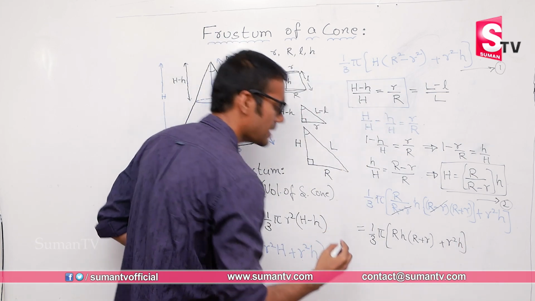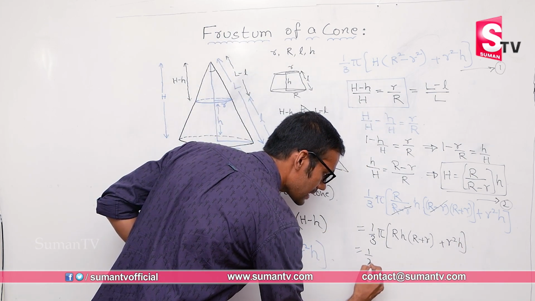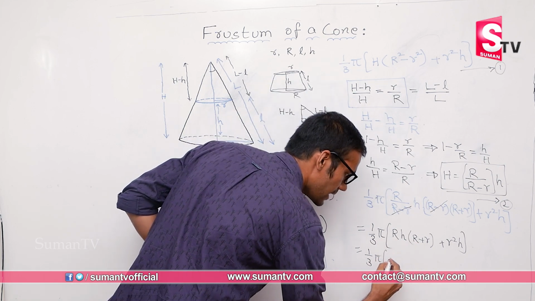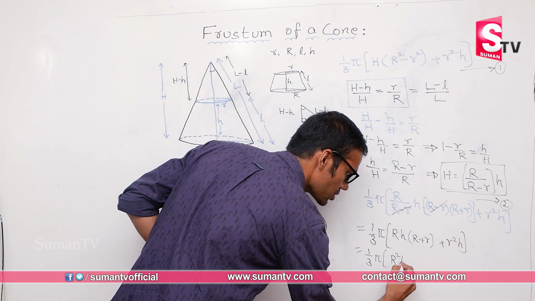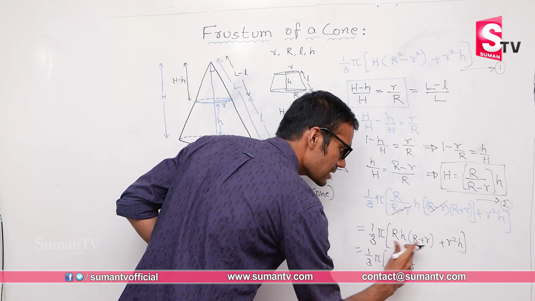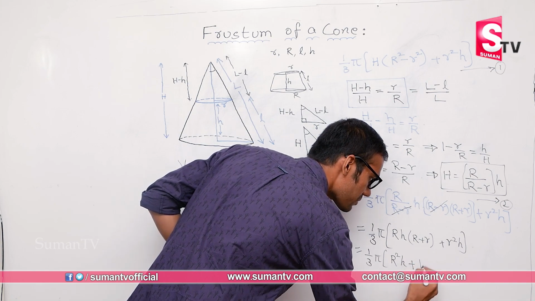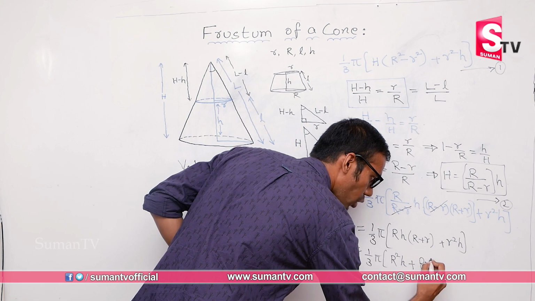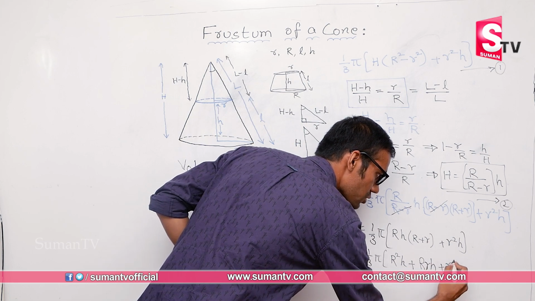If you further simplify this, what do we get? 1 by 3 pi capital R h into capital R will be capital R square small h plus R h and small r. So capital R small r and small h plus r square h.